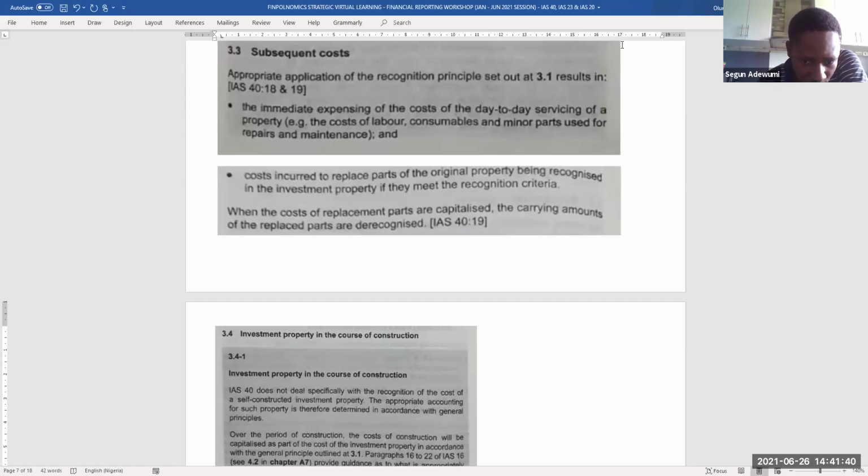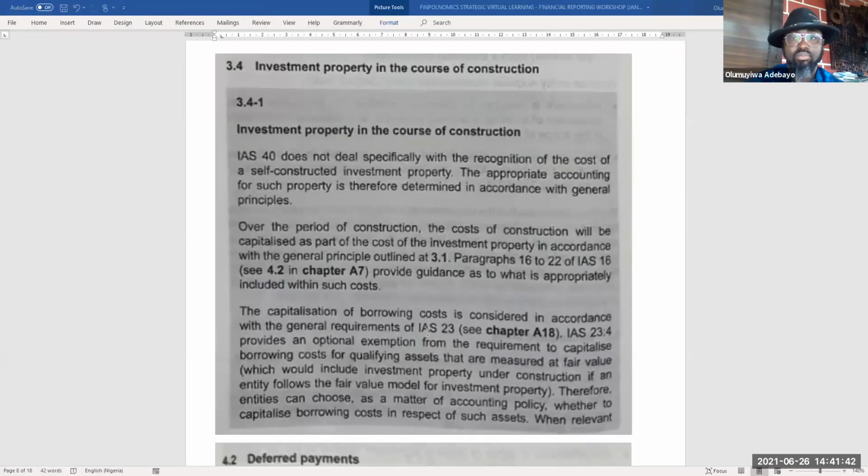Over the period of construction, the cost of construction will be capitalized as part of the cost of the investment property in accordance with the general principle outlined at 3.1. Paragraphs 16 to 22 of IAS 16 provide guidance as to what is appropriately included within such costs.